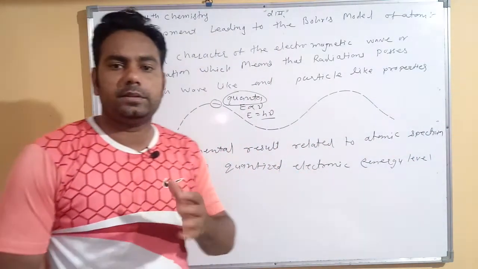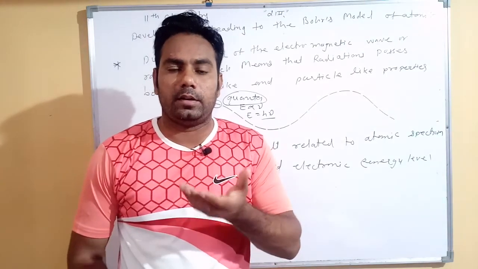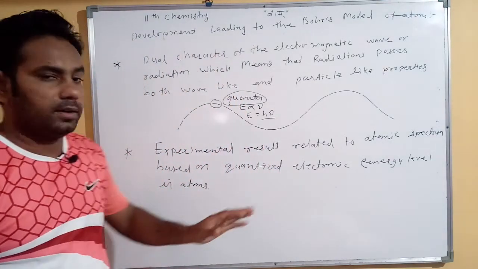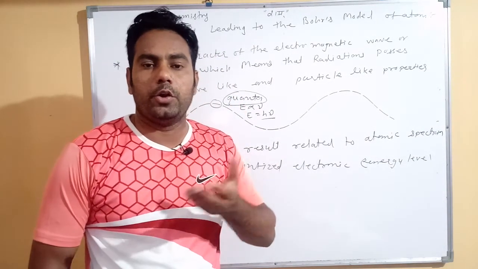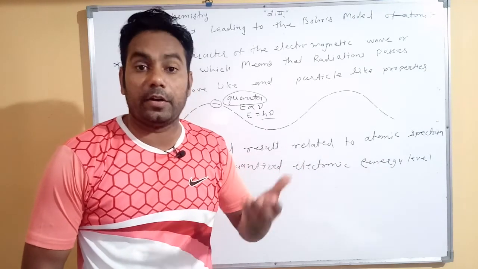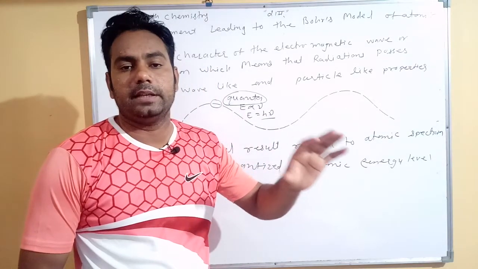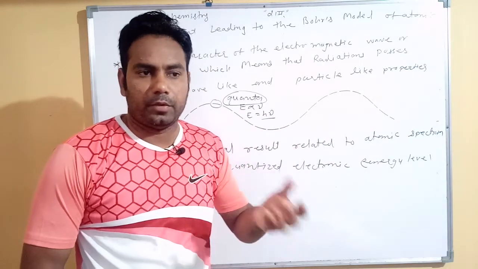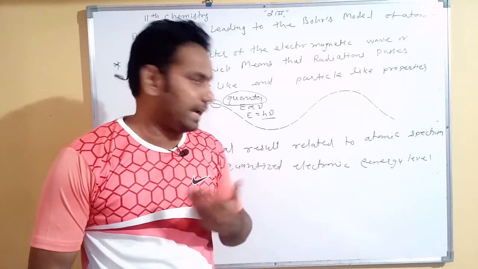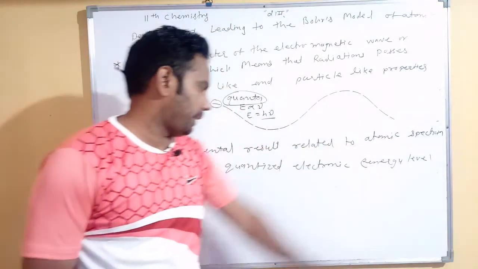Atomic spectrum means we obtain light from the sun, with many different energies of light coming to earth. It is divided into regions like radio waves, microwaves, UV rays, infrared rays and visible rays. All this radiation is arranged in increasing or decreasing order of wavelength, frequency, etc. This arrangement is called the spectrum.